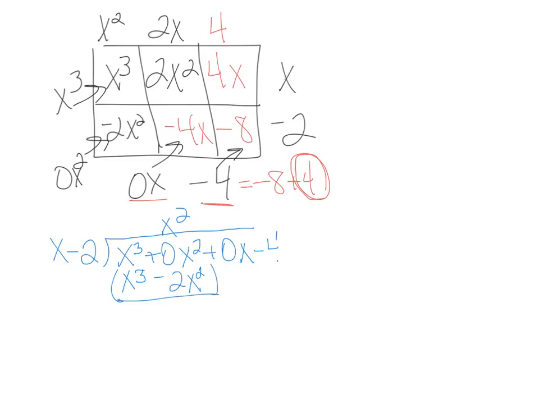I'm subtracting that. Gives me 2x squared plus 0x. Multiply by 2x. 2x squared minus 4x. Subtract. I get positive 4x plus 4.